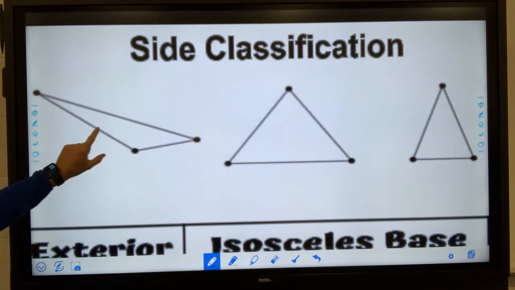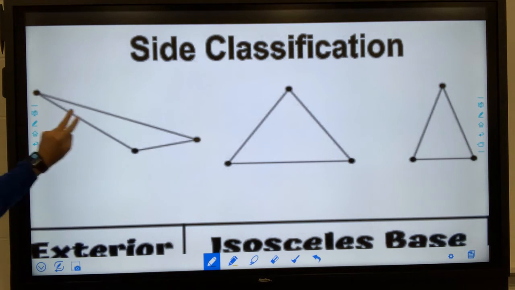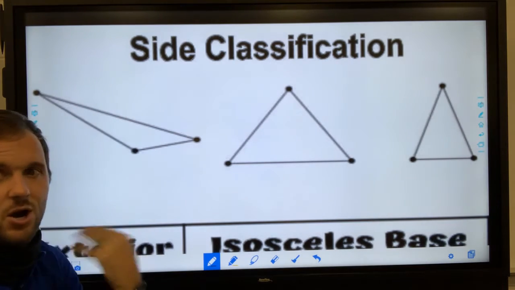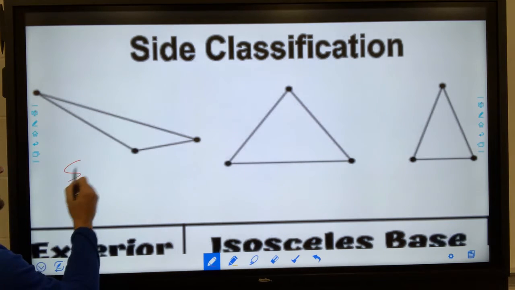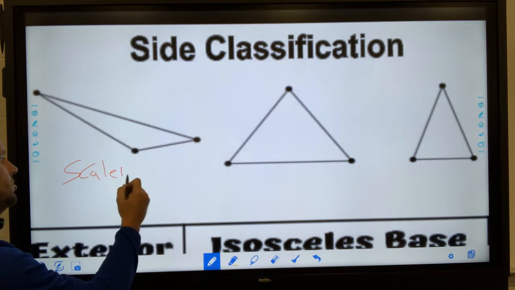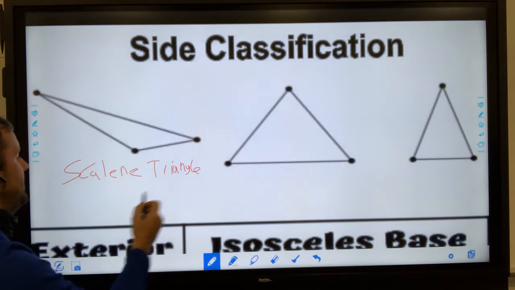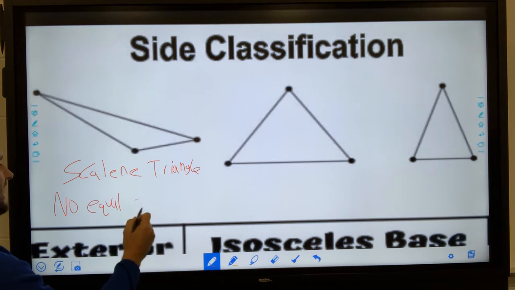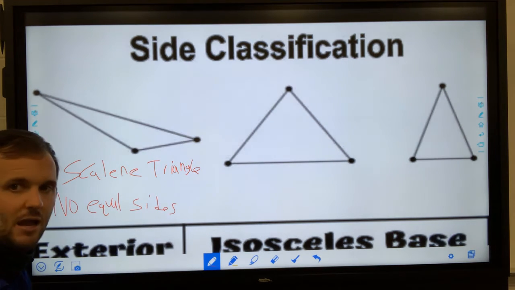So right here, we have a triangle with a really long line, a medium line, and a short line, meaning all 3 sides are not congruent. There's no congruent sides. This is going to be known as a scalene triangle, which means there are no equal sides, meaning all 3 sides are different. This is a scalene triangle.